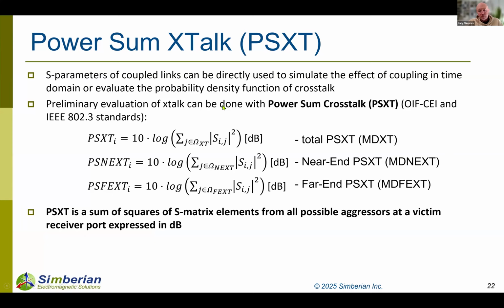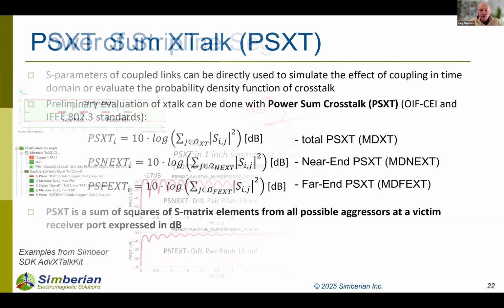Power sum crosstalk is a way to express crosstalk from multiple aggressors in one number. It's very convenient to set up a limit for this. It's right here: a simple sum of squares of S parameters expressed in dB. Again, it may be near crosstalk, far crosstalk, and so on. This is just for convenience.